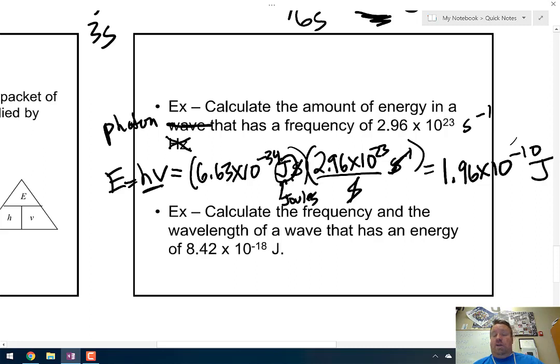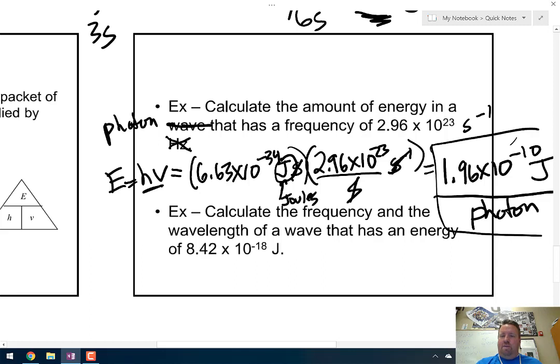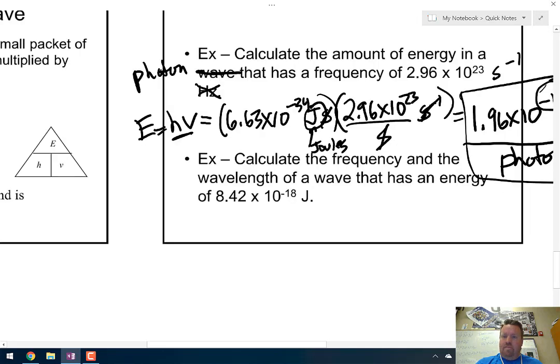Now, again, you might look at it, wow, that's a really, really small number. Remember, that's one little photon. And sometimes you'll even see it written like that, joules per photon. You don't have to write that, but that's just a good way to help you remember what that actually means. That's the amount of energy that one little photon of light has. And again, that's always going to be a pretty small number.